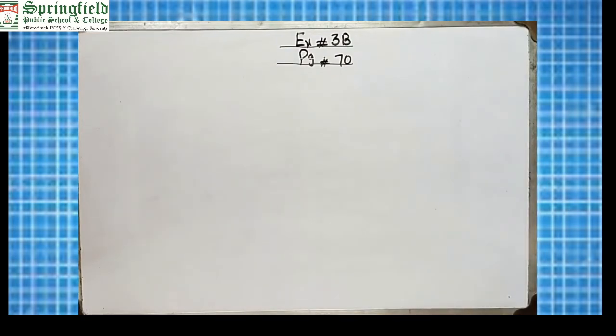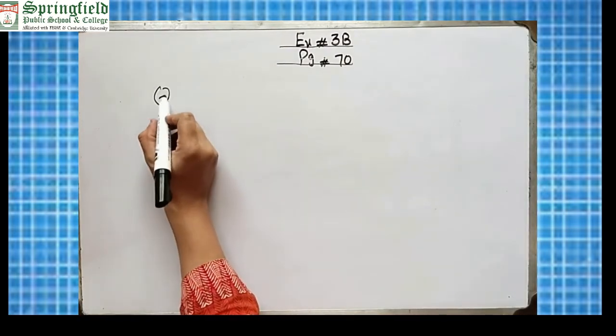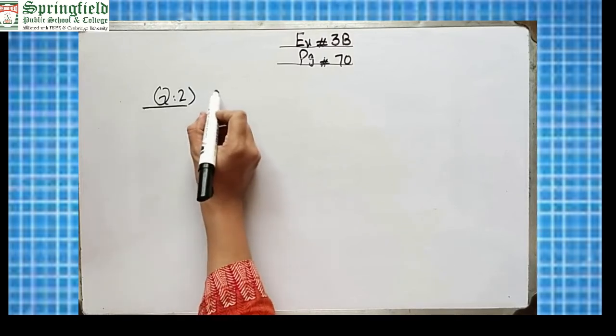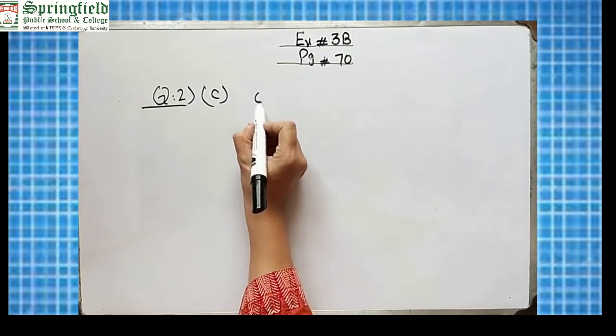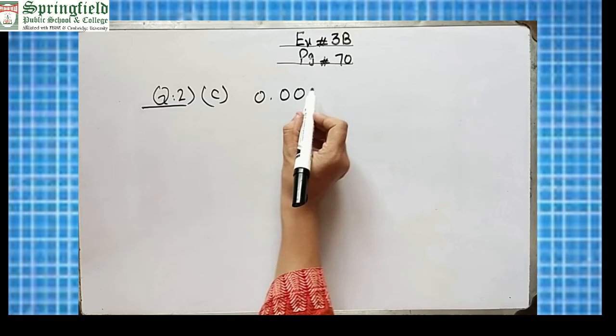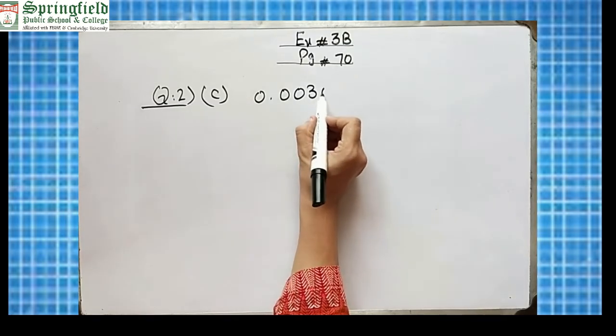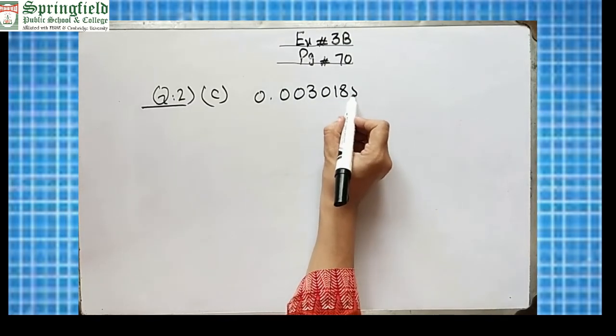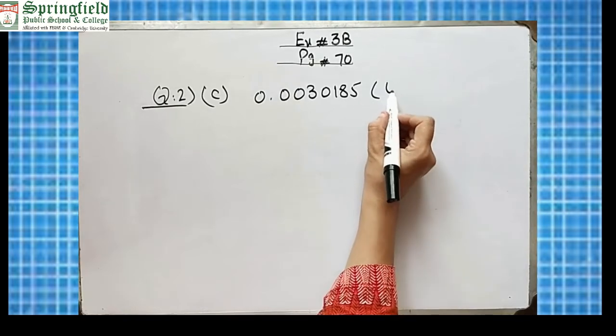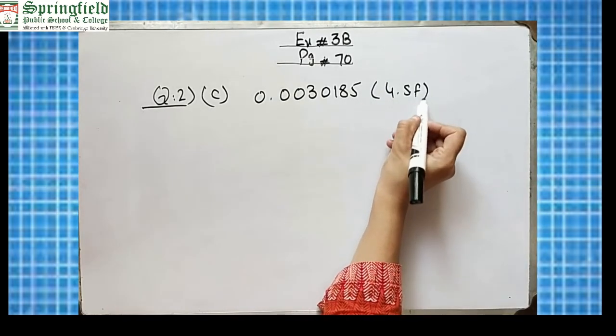And part C is question 2, C part: 0.00301885, and they are saying round off to 4 significant figures.